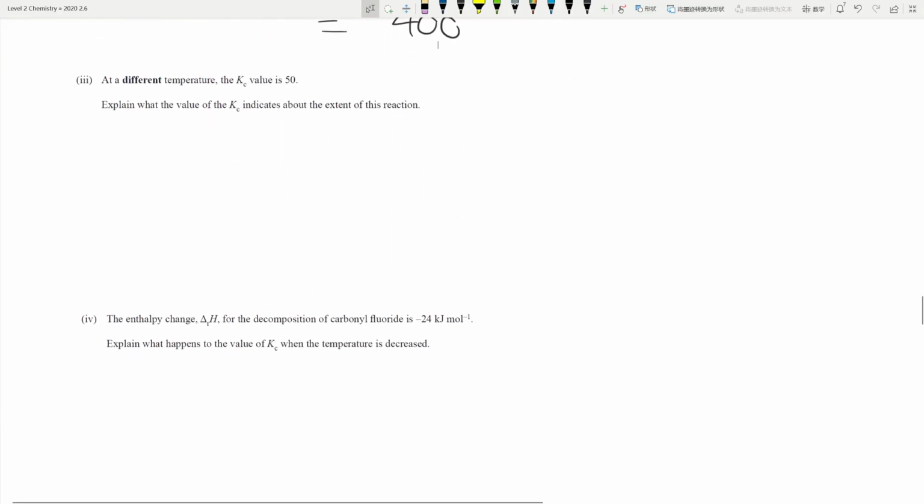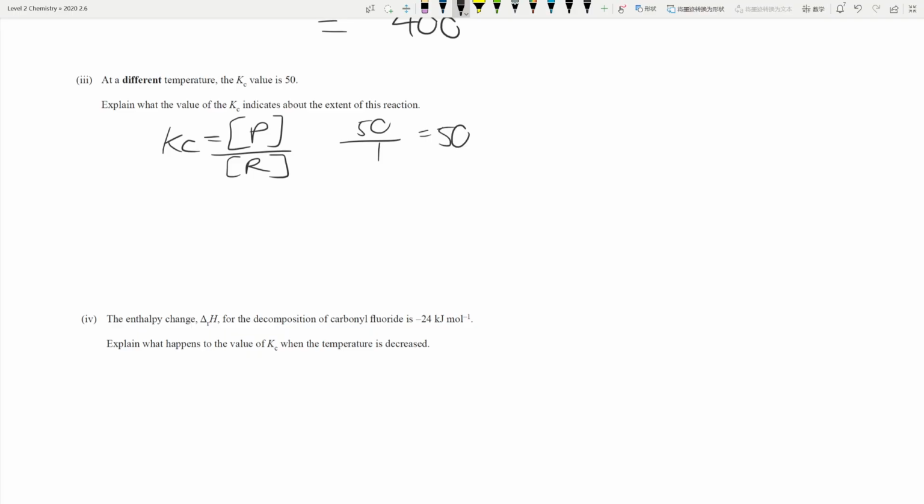Next one, at a different temperature, Kc is 50. Explain what the value Kc indicates about the extent of this reaction. So remember, Kc is the products' concentration divided by the reactants' concentration. If you have a really big number at the top, let's say for example 50 divided by 1, that's going to give you 50, isn't it? So that means you have a lot of products and very few reactants.